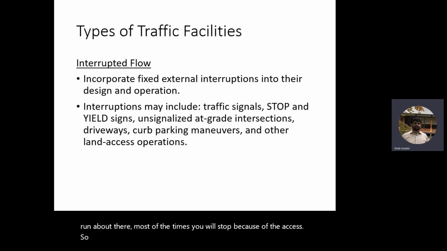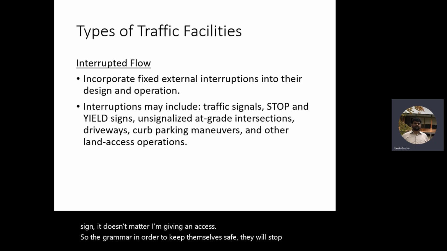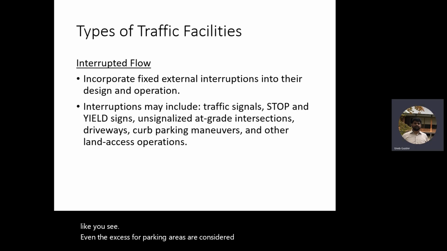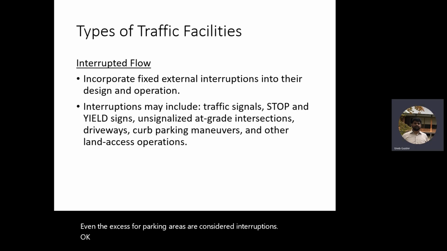Wherever I give access, it doesn't matter if I am giving a signal or a sign there, I'm giving an access, so the driver, in order to keep themselves safe, will stop. Even the access to parking areas are considered interruptions.